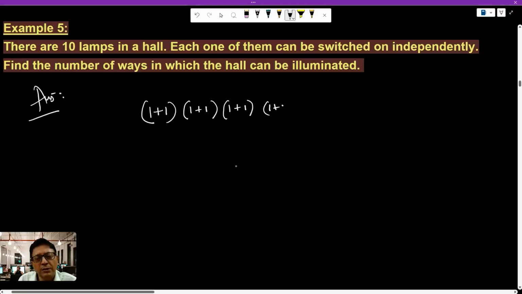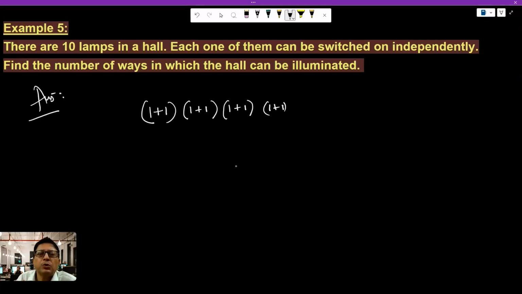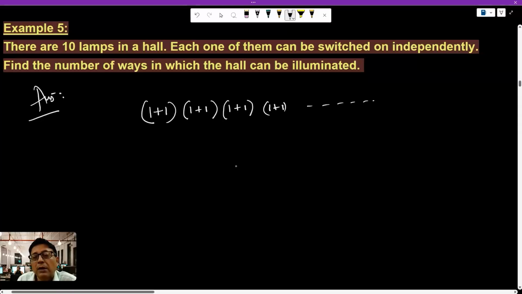Fourth one, either on or off. So the state of one bulb, 2. Number of states of a bulb is 2, either on or off. So either on or off means 2 cases. That's why 1 plus 1. For the second bulb, 1 plus 1, and so on. For the last one also, either it is on or off.